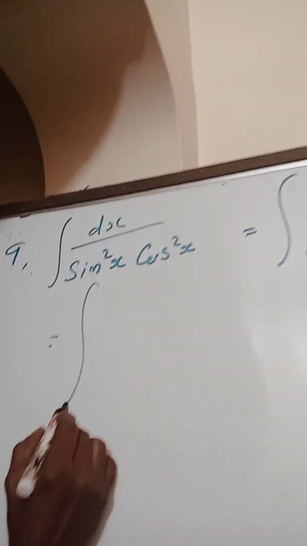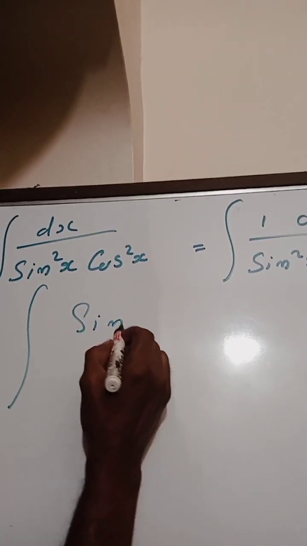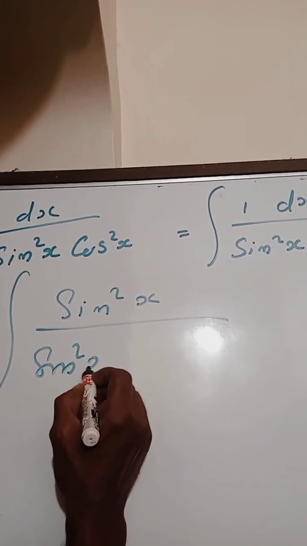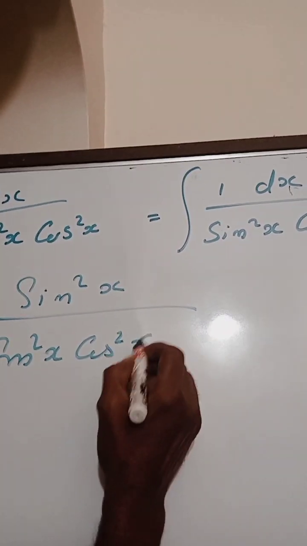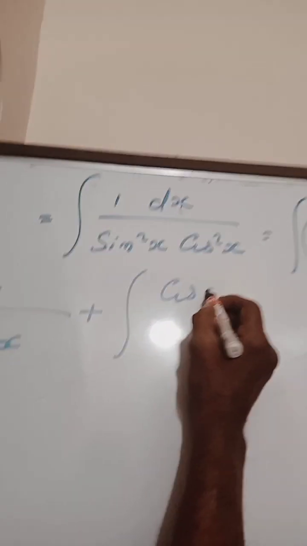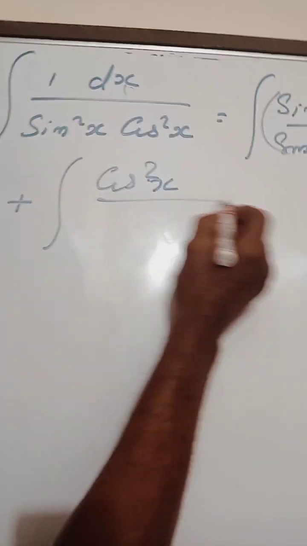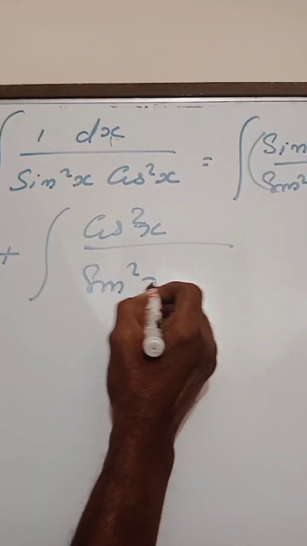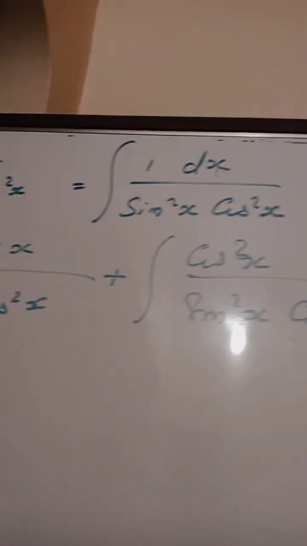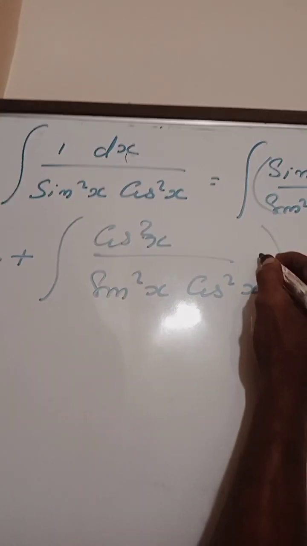This is equal to integration of sin square x divided by sin square x cos square x plus integration of cos square x divided by sin square x cos square x into dx.